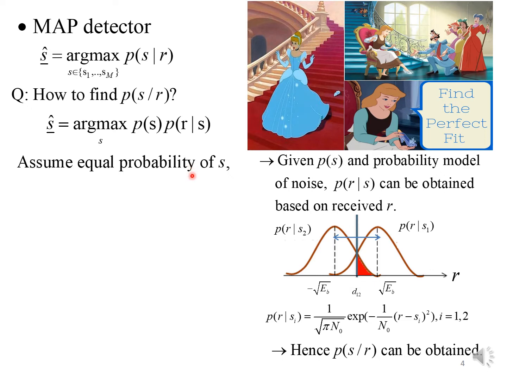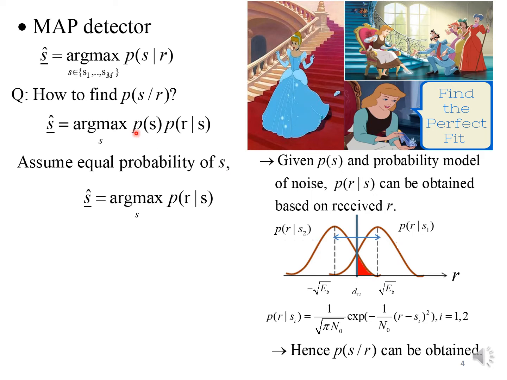Here, if we make a further assumption of equal probability of S, the source probability could be an equal probability. Whatever the source probability is, we could have the MAP detection result. However, if we further assume equal probability of S, that means P(S1) equals P(S2) equals 1/2.